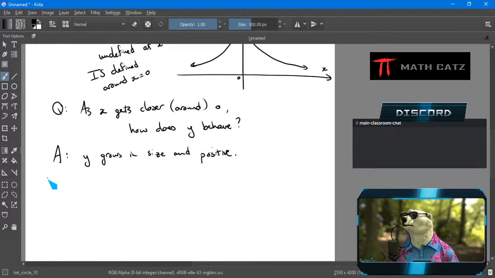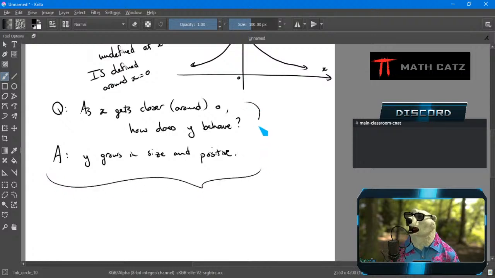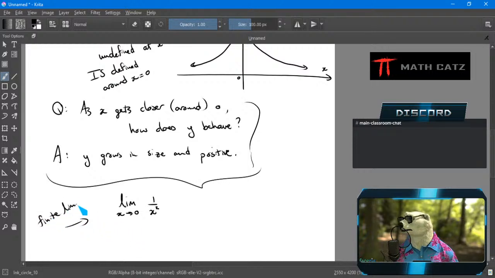I now simply want to translate all of this into my mathematical language. So we're going to say, well, limit is our mathematical word for behavior. The behavior of my function, and I like to see the detail, though you could call it just y, as x approaches 0. This is now a finite limit because of what x is doing. x is approaching a finite value.